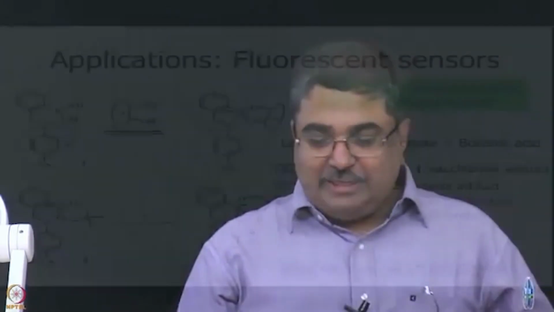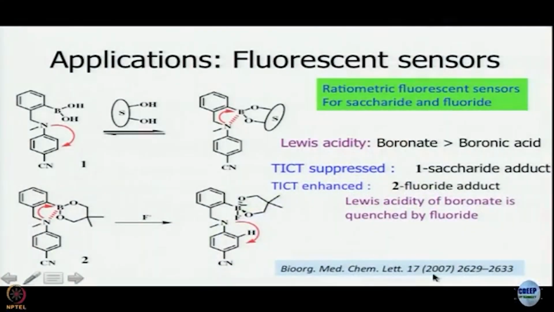Initially ICT is there, since ICT is there, fluorescence is quenched, then you bring in a metal ion or whatever you want to sense, and that engages the lone pair. So, ICT is stopped and fluorescence shoots up. That is what makes turn on sensors. So, you can read this, it is not so bad also. You can read this paper for description of this sensor that they made of different things.